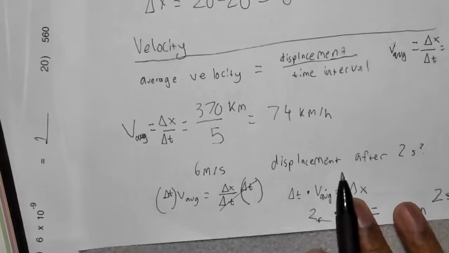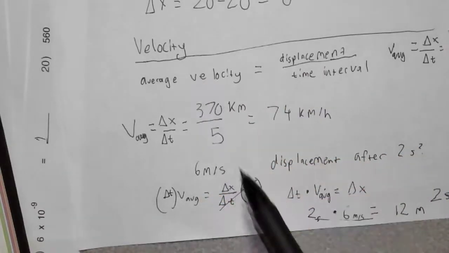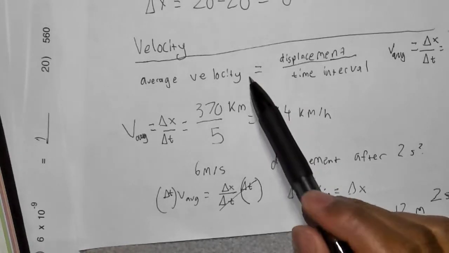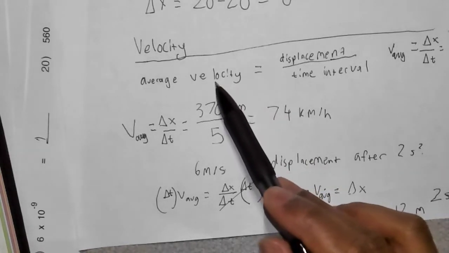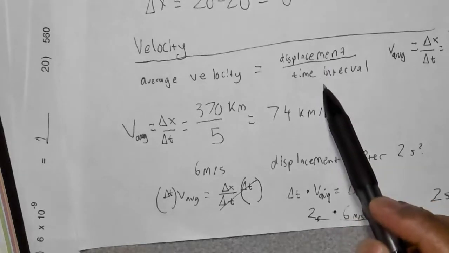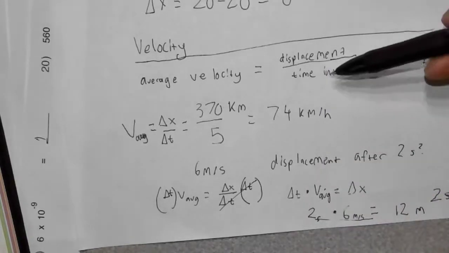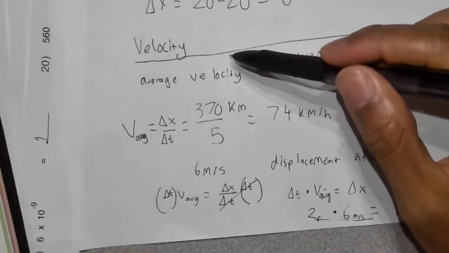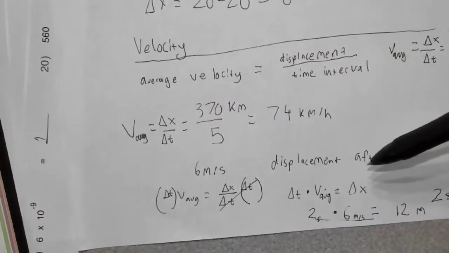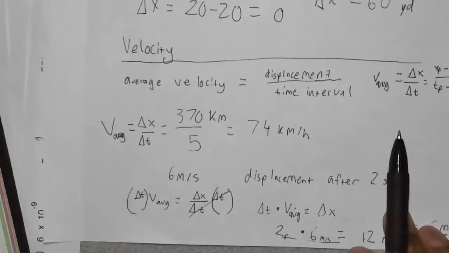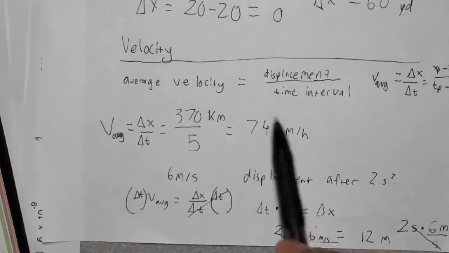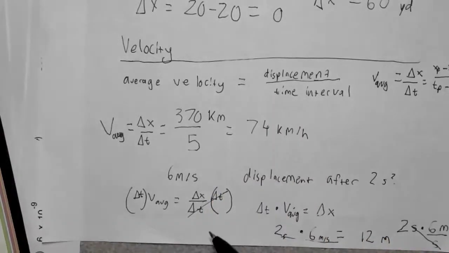So as you can see, displacement is directly related to velocity, and average velocity is related to displacement and the time interval. Anytime you're given 2 of these quantities, you can always find a third. You can always use algebra to manipulate these variables directly, or you can use algebra after you've already plugged in the numbers in order to find what you're looking for.